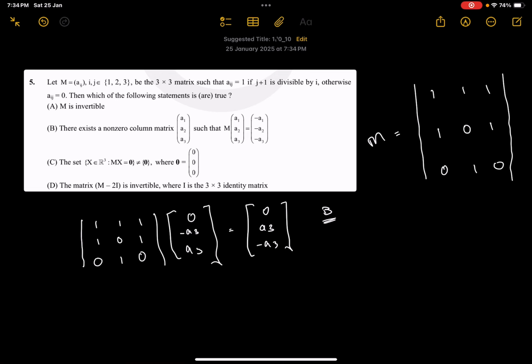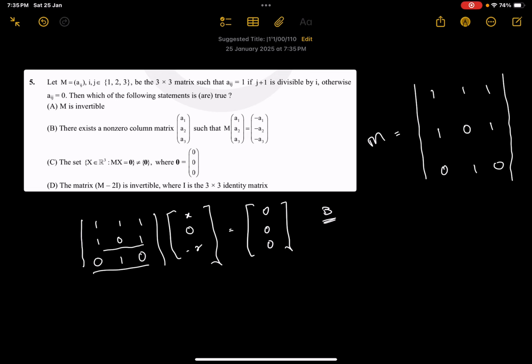C option, Mx equals 0. Okay, we need a solution for this. So again, this row into this vector will give us y equals 0. This row into the vector will give us that x plus z is 0.